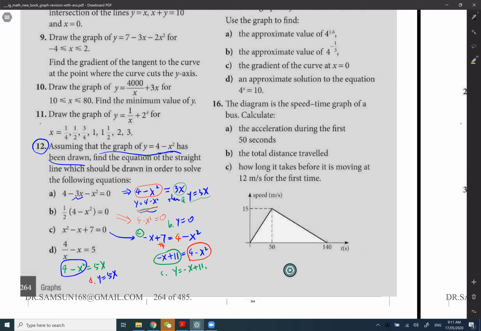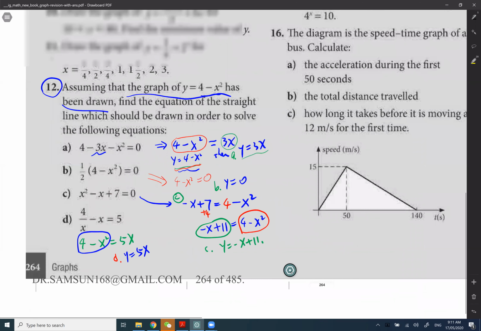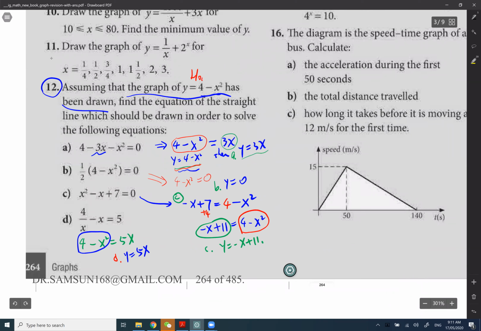So this is how to use a graph to solve an equation.